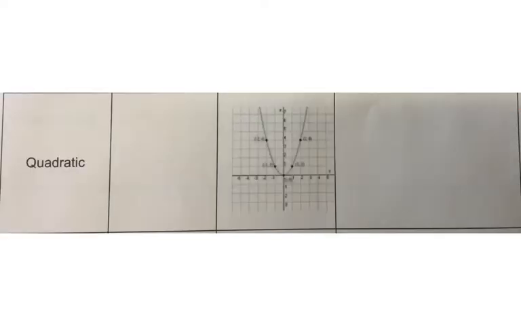Here we have a quadratic, and the quadratic is ax squared plus bx plus c. And the characteristics of this one is it is a parabola. It's both increasing and decreasing.